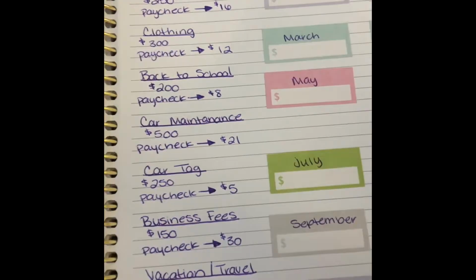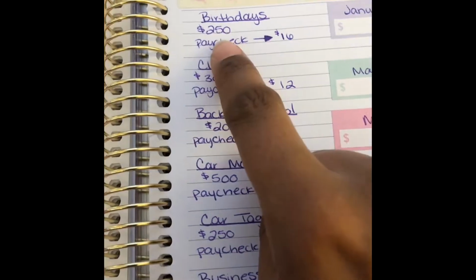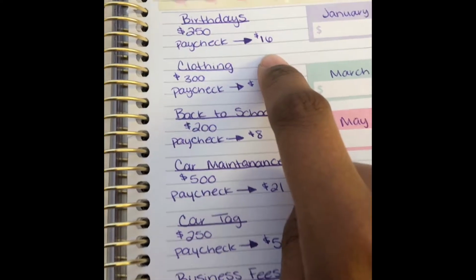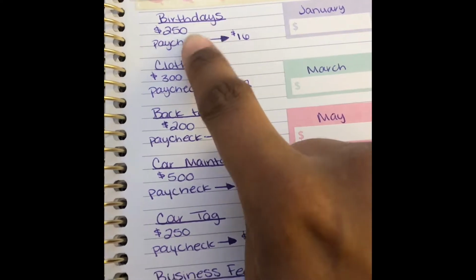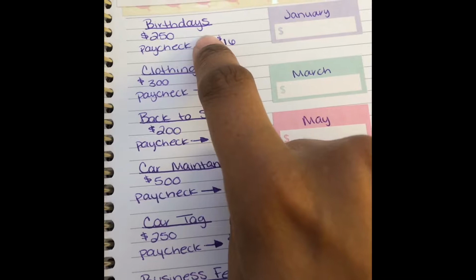I get paid weekly, so I count the weeks, and I just use my calendar here to count the weeks that are in each month, and that's how I come up with the amount to save. So for birthdays, I am going to pull $16 out of each paycheck so that I will have $250 after 15 weeks, is what I've counted.